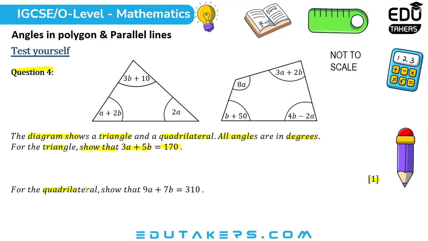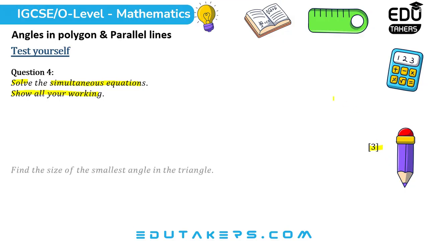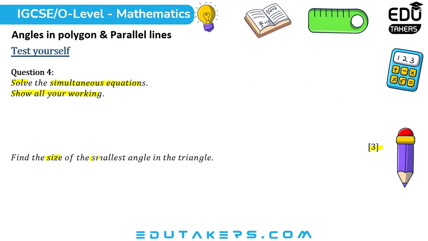For the quadrilateral, show that 9a plus 7b equals 310. It's a 1-mark question. The other part of question number 4 is: solve the simultaneous equations and show all your working. It's a 3-mark question. Find the size of the smallest angle in the triangle. It's a 1-mark question.